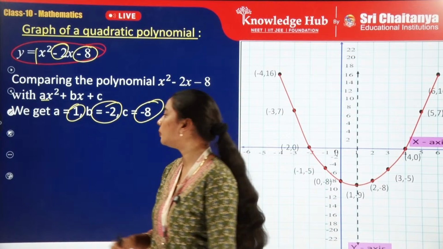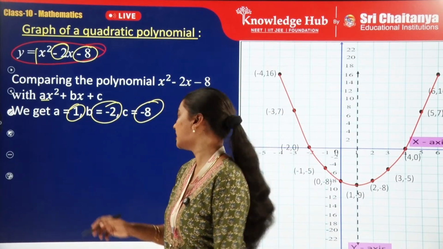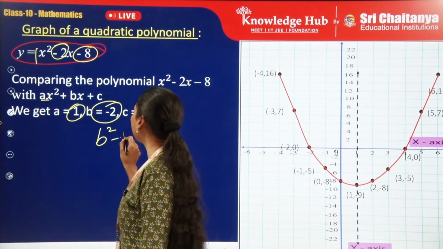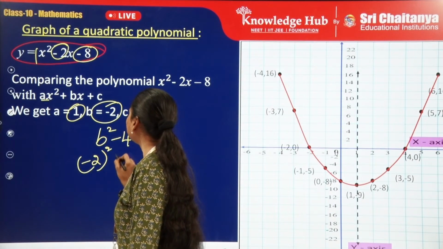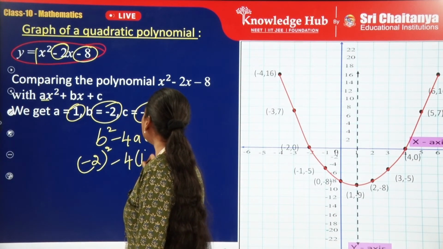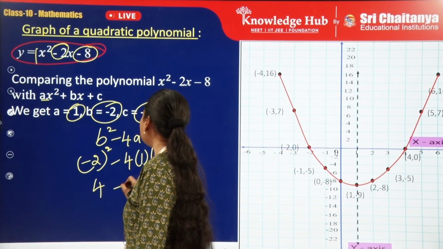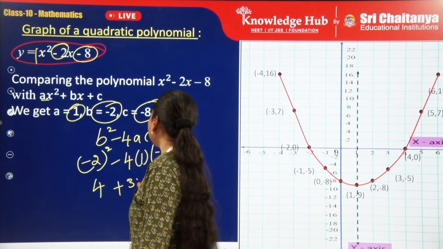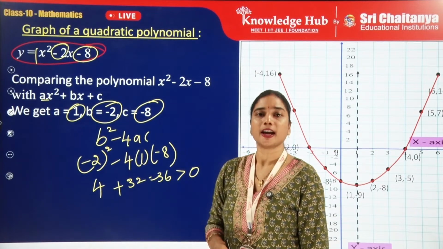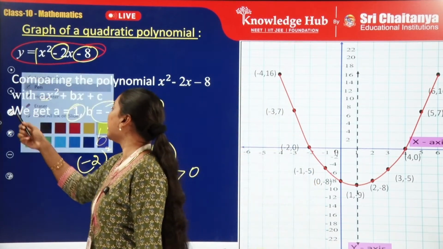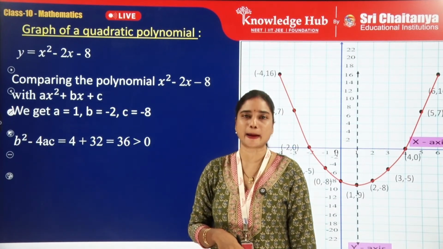After finding this, what do we have to find? We need to find b square minus 4ac. So b square minus 4ac is minus 2 whole square minus 4 times 1 times minus 8. Minus into minus is plus, 4 eights are 32, plus 4 is 36, which is more than 0. When b square minus 4ac is more than 0, what happens to the parabola?